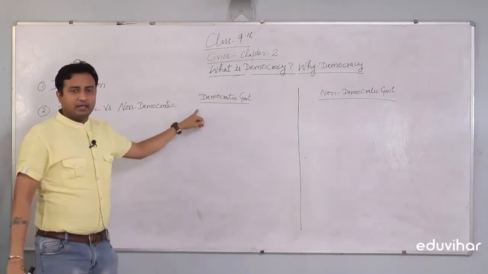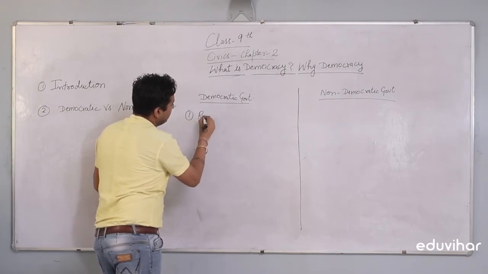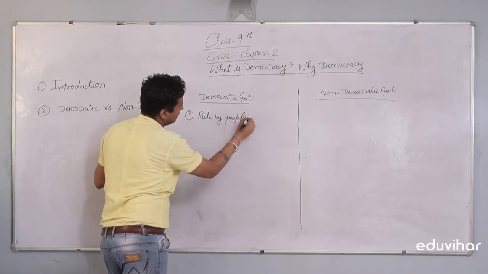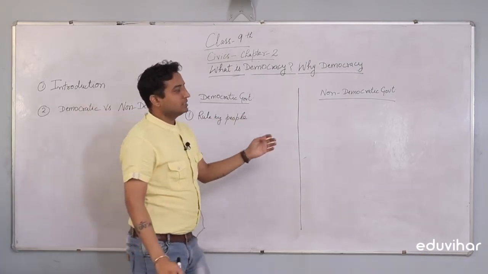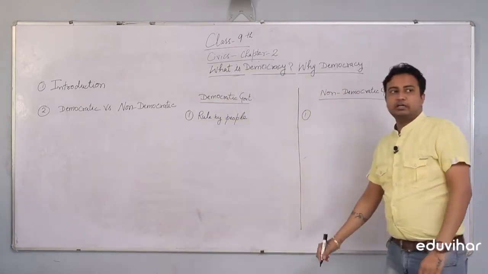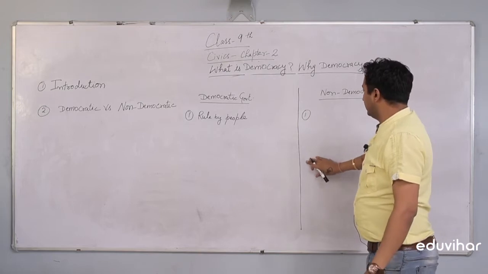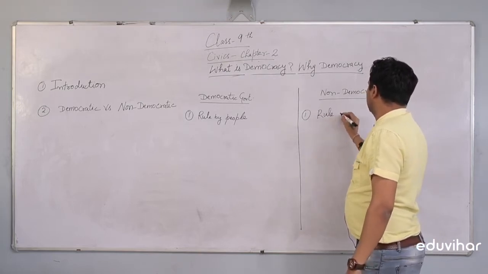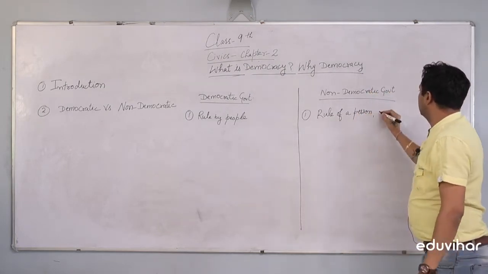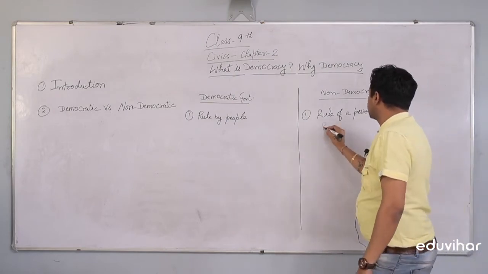As all of you know, in a democracy there is rule by people. But this is not the case in a non-democratic country. Non-democratic countries, such as autocracy, monarchy or dictatorship, have the rule of a person or a group, or rule by force.